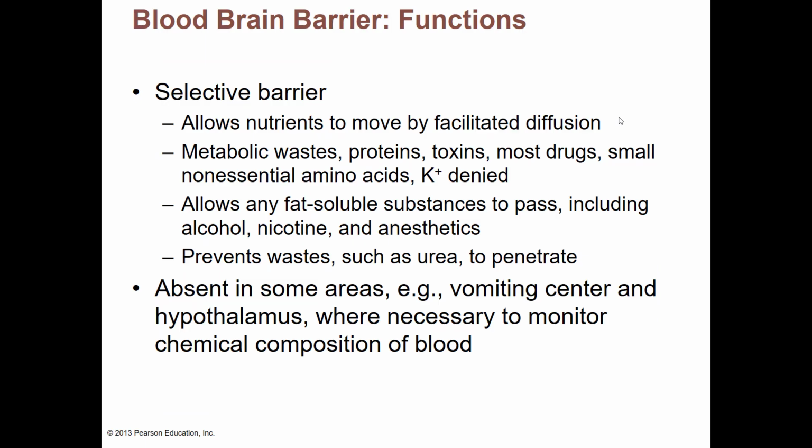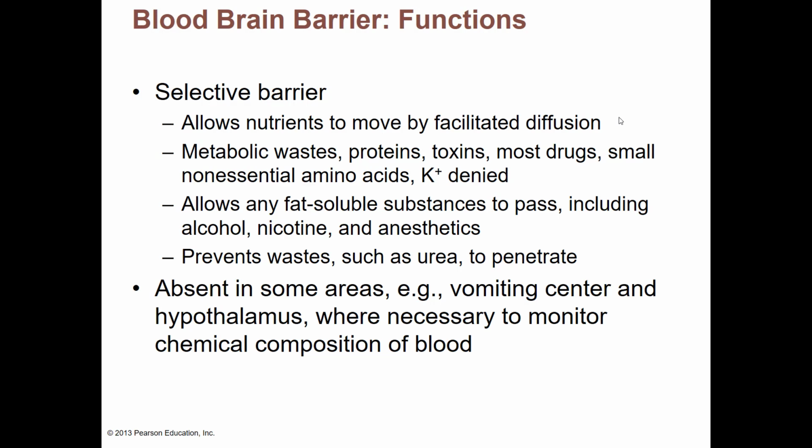Facilitated diffusion requires a carrier protein. But metabolic waste, proteins, toxins, most drugs, not all, most drugs, some different amino acids, and even potassium ions can't get through. However, fat-soluble substances, including alcohol and nicotine and anesthetics, can get through, which means they're going to have an effect on the brain.